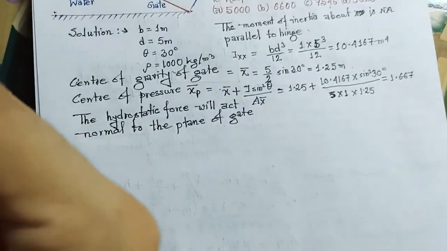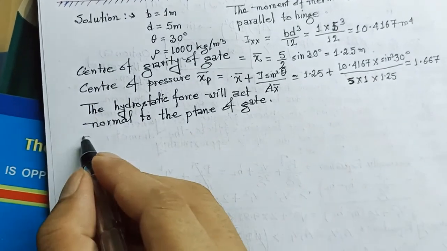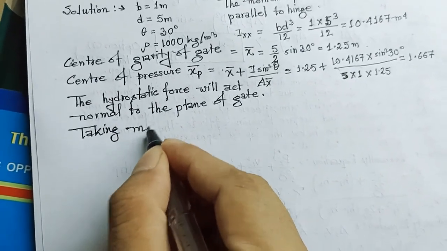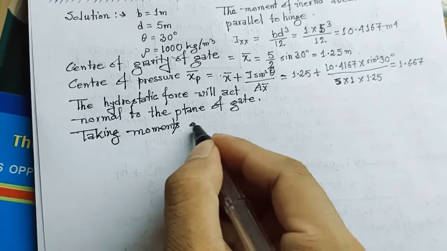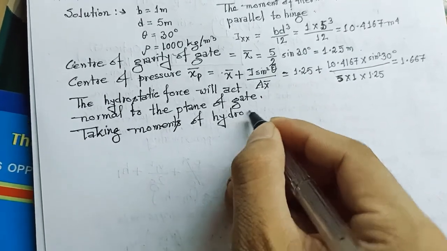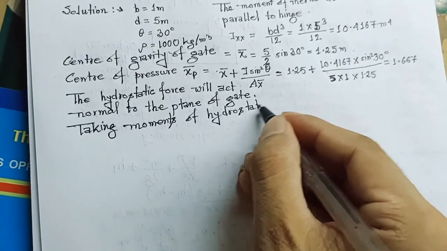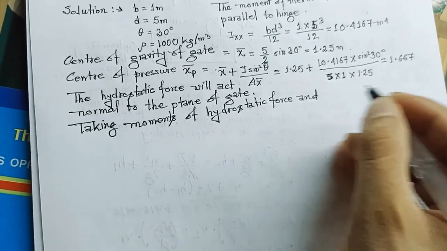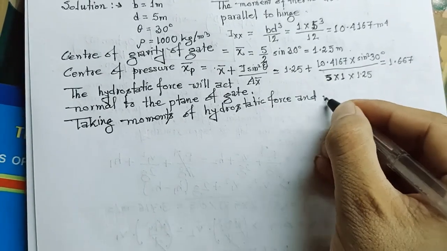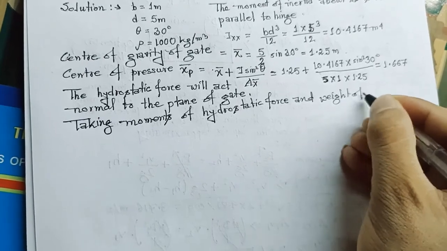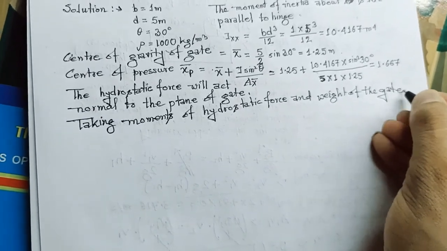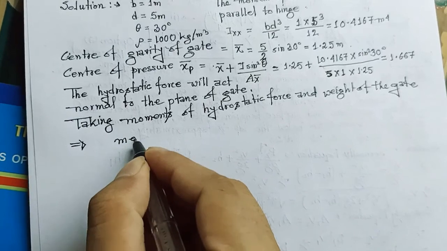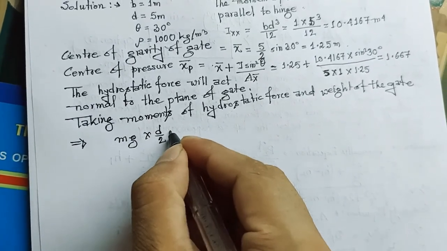Taking moments of the hydrostatic force and weight of the gate, the moment of weight will be equal to mg multiplied by d divided by 2 cos theta.